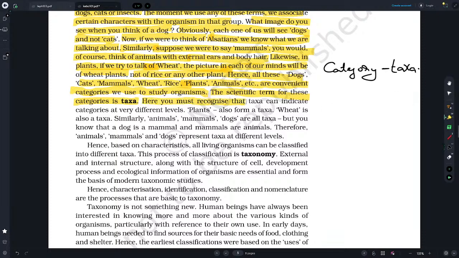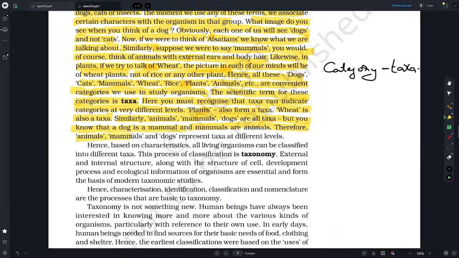Here you must recognize that taxa indicate categories at very different levels. Plants form a taxa, wheat is also a taxa. Similarly, animals, mammals, dogs are all taxa, but you know that a dog is a mammal and mammals are animals.